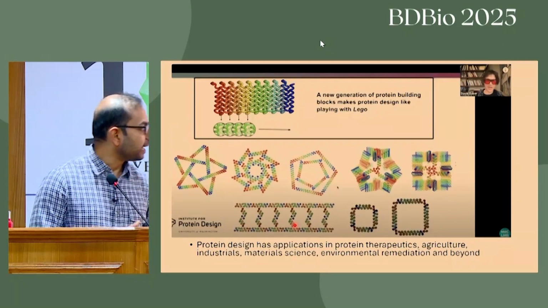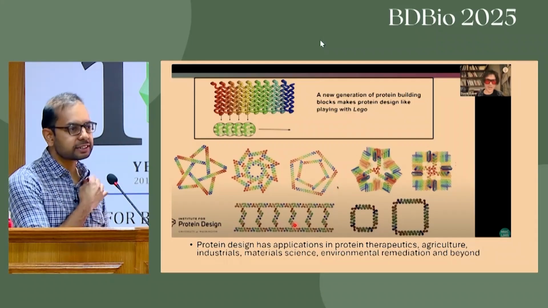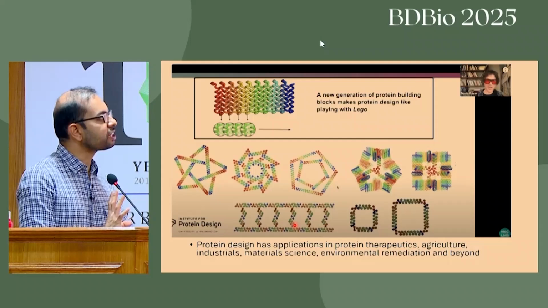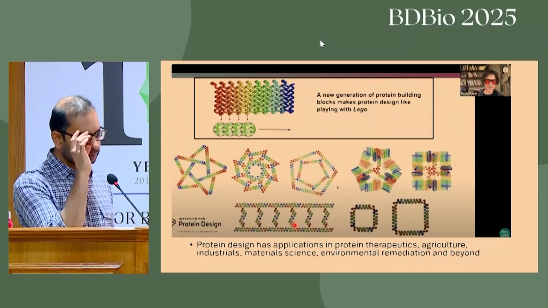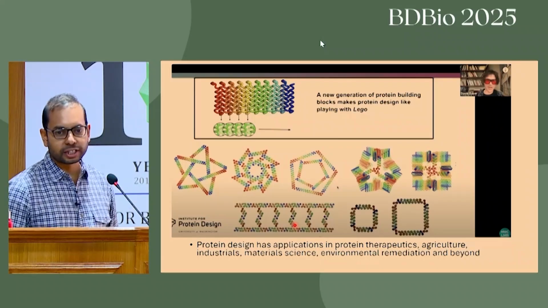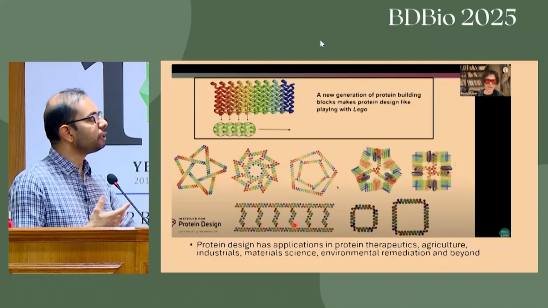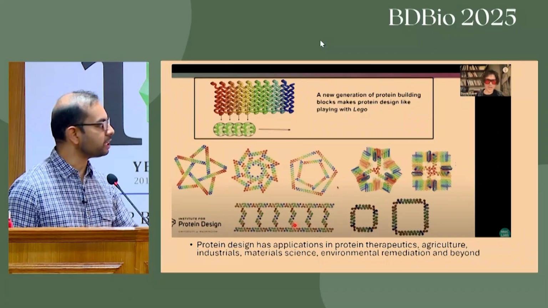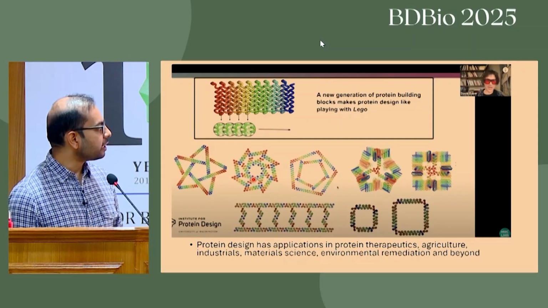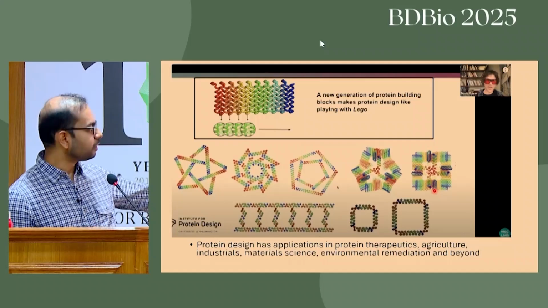Before I end, I just want to leave you with this very, very interesting slide. I took a screenshot from a YouTube lecture by David Baker, who's one of the Nobel laureates along with AlphaFold 2. He is building a whole suite of tools to design new proteins. And you can see he can design proteins which can create all of these different kinds of structures.